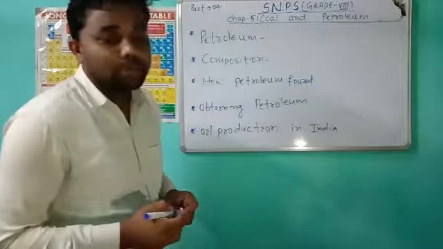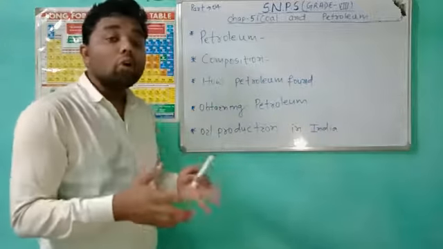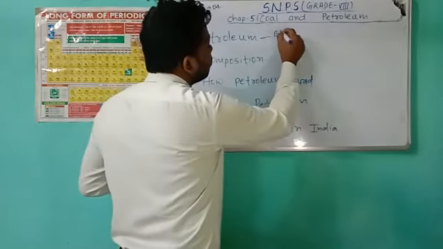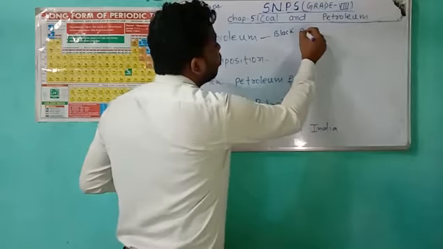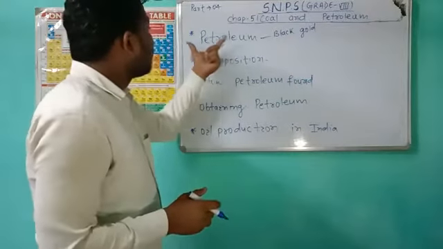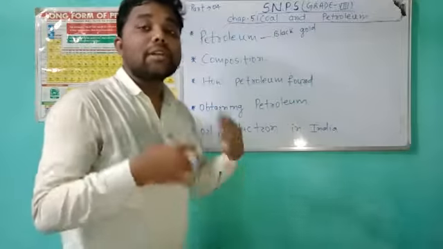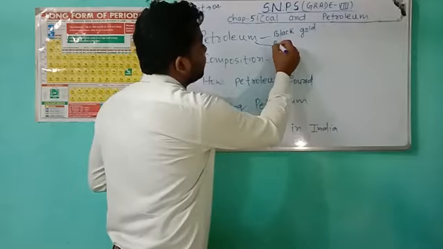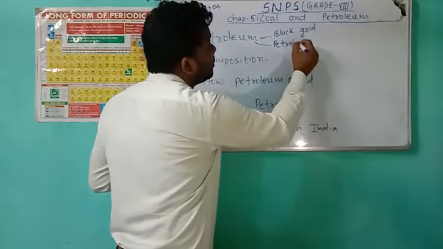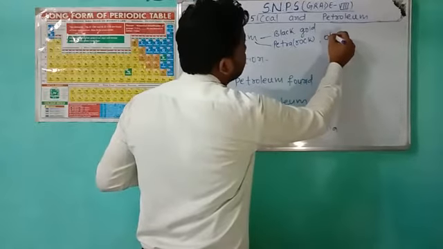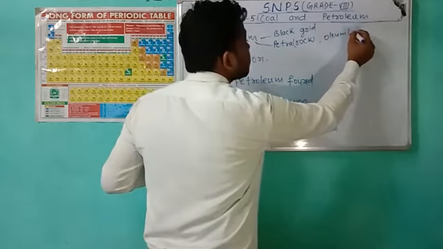What is petroleum? Petroleum is also called black gold. This word petroleum is derived from the Latin words, first petra, which means rock, and oleum, which means oil.